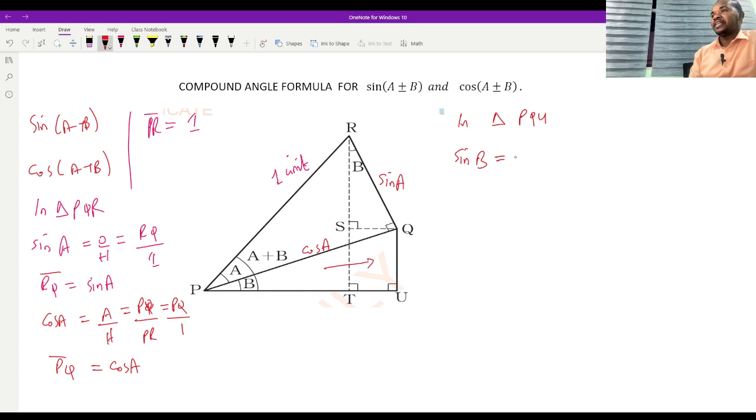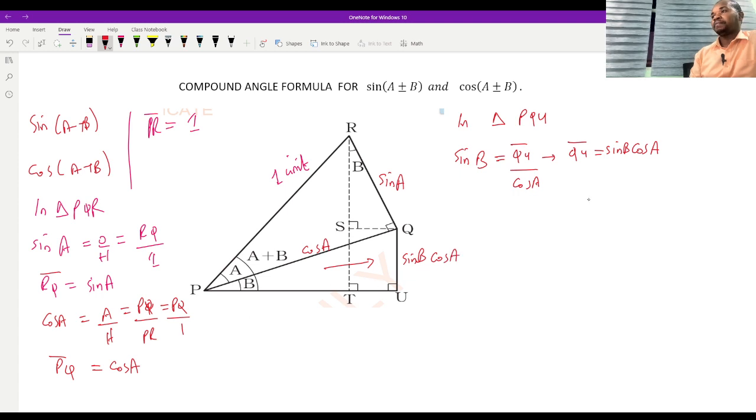So opposite side is QU over PQ, which is cosine A. So eventually we can say that QU equals sine B times cosine A. So we can say this side is sine B cosine A.